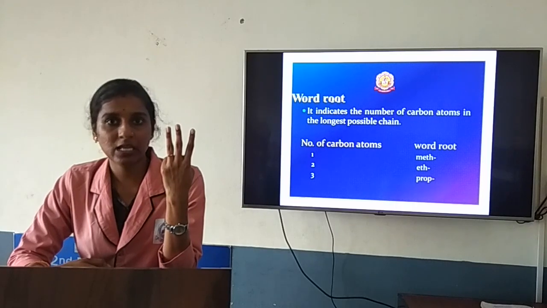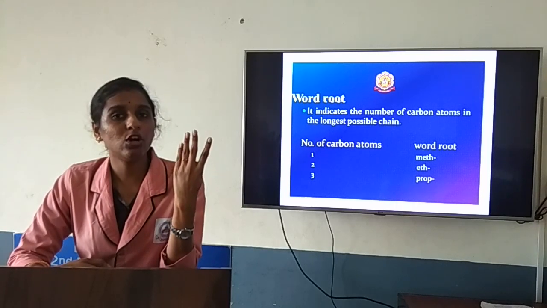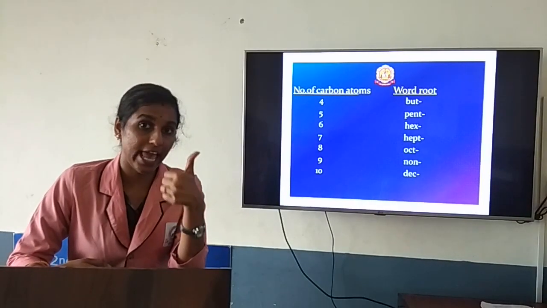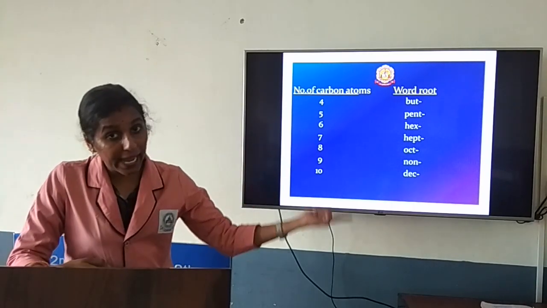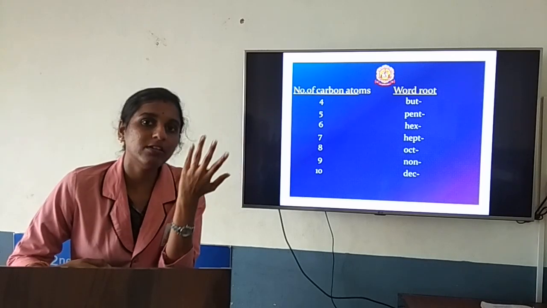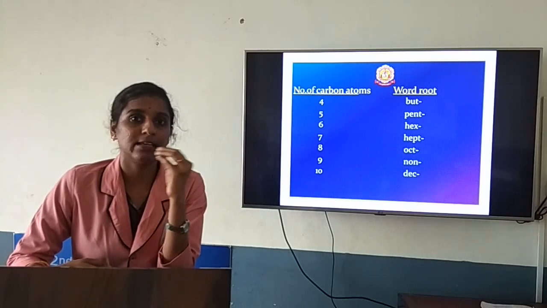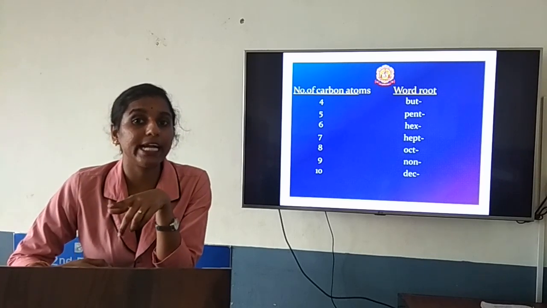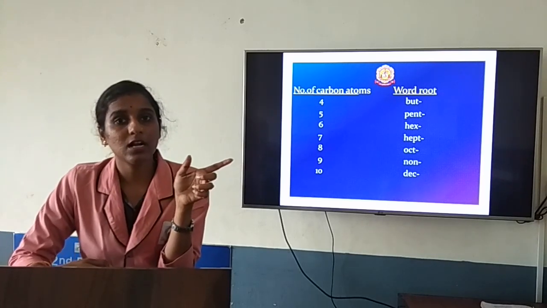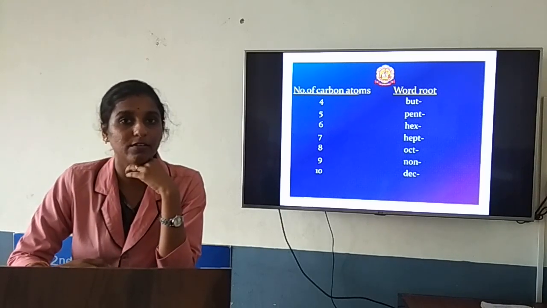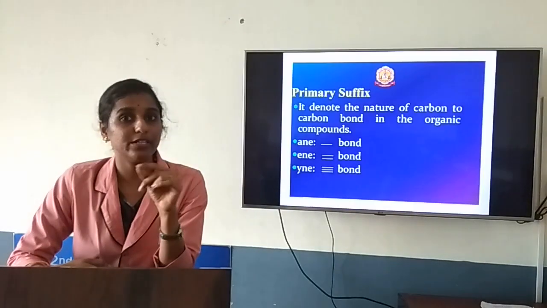If 3 carbons are present, then it is prop. 4 goes with but. 5 goes with pent, 6 hex, 7 hept, 8 oct, 9 non, 10 dec. So this represents the word root. Mainly you should see the number of carbon atoms. You should check in the compound how many carbon atoms are present, and based on that you are supposed to give the name. That will be considered as the word root.